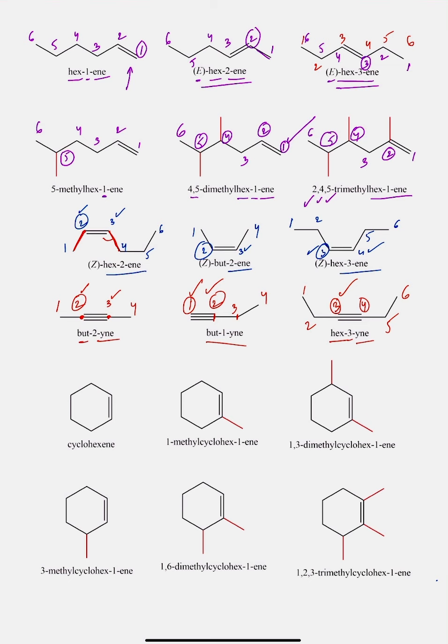If there are two substituents attached on both the double bonded carbons, then you can go with the lowest sum rule. But if there is only one substituent attached to one side of the double bond, then the carbon to which the substituent is attached is supposed to get number 1. We'll see in the following examples what I mean to say.